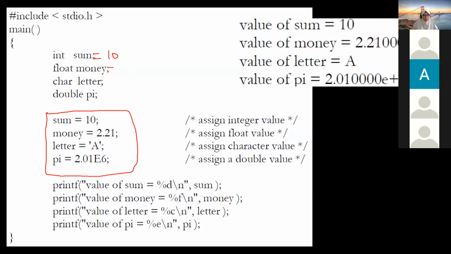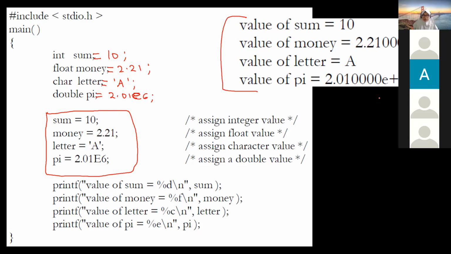So money equals 2.21, and everything should be terminated by a semicolon. Letter A, double pi 2.01 e to the 6. In some cases, it doesn't matter if you write a big E or small e. You can also write small e, that is also acceptable. And you can see the output right here, on the right upper corner.